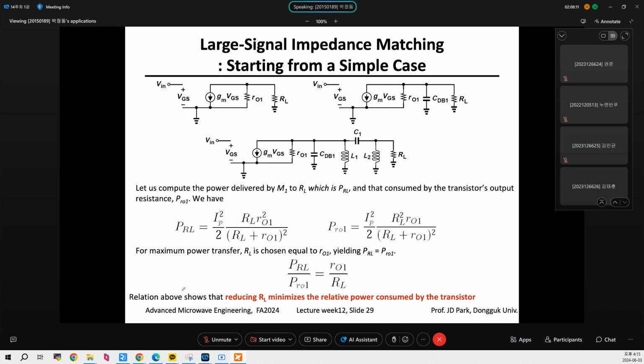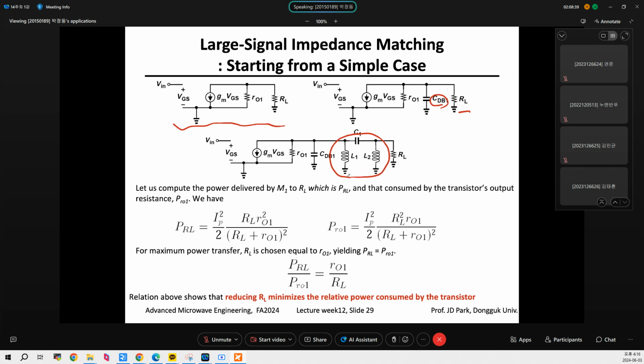This is the simple structure of a common source amplifier, right? Let's say we have a drain to bulk capacitor here, and CL is here. And let's say we implement the matching network here, okay?